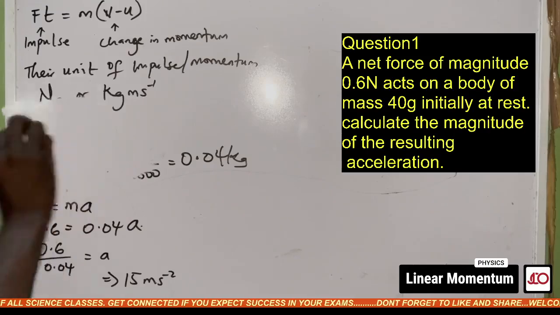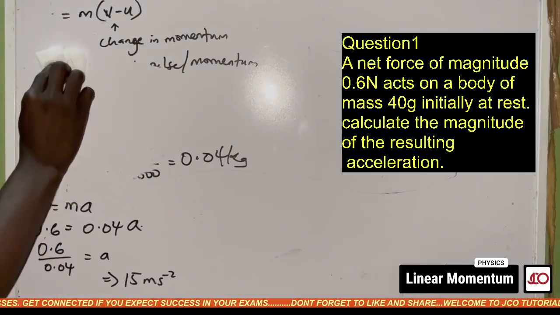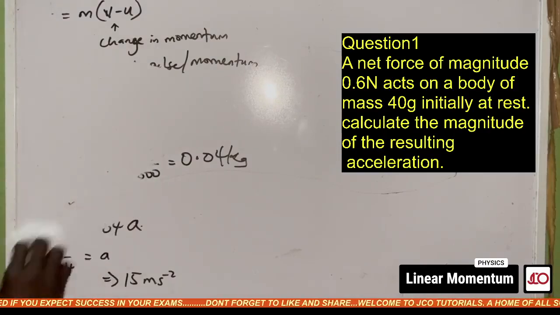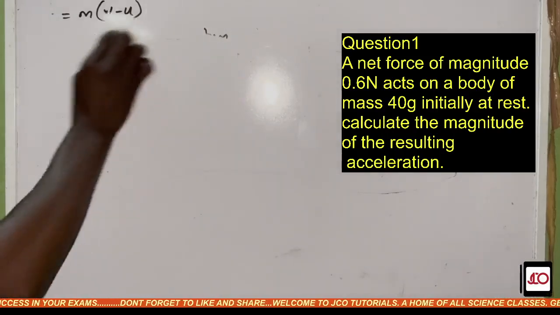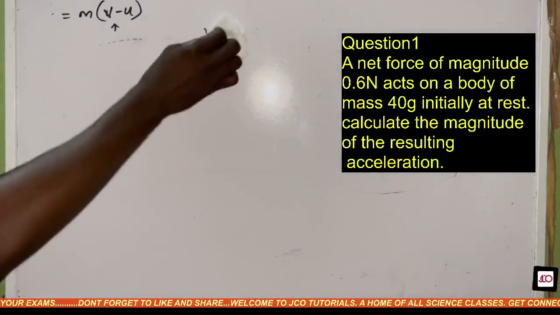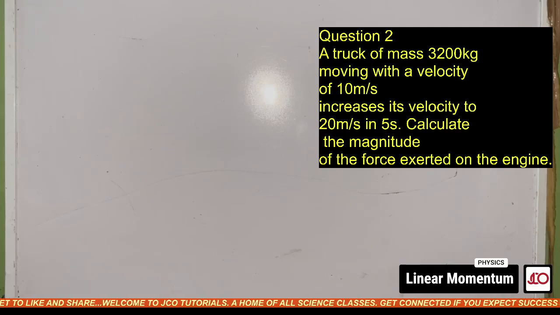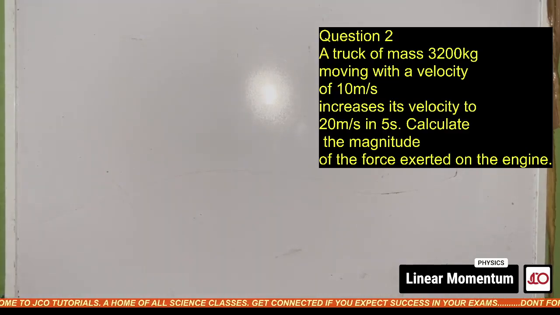Next we go into a truck of mass 3,200 kg moving with a velocity of 10 meter per second. So the truck is moving with a velocity of 10 meter per second, and increases its velocity to 20 meter per second in 5 seconds.